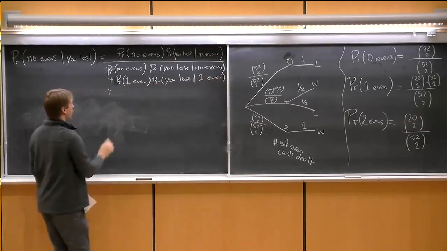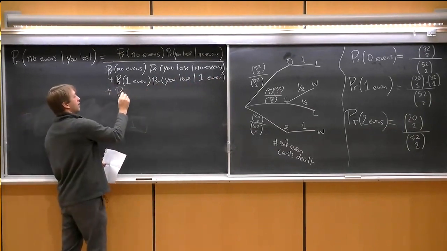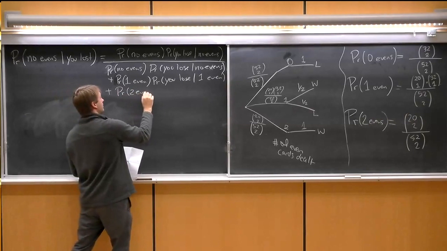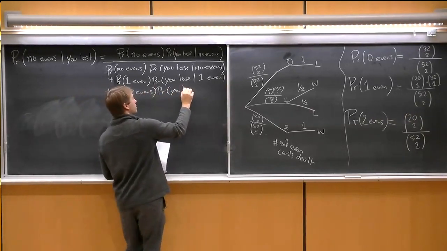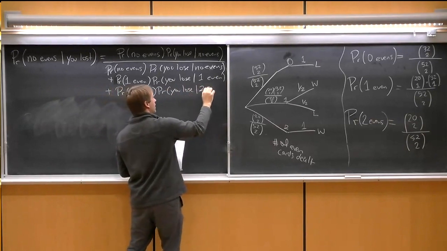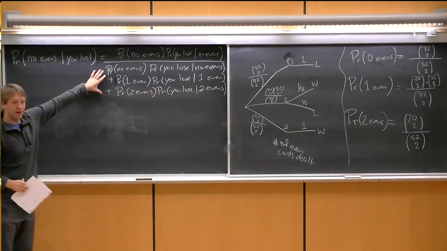So you go through all 3 possibilities here. Probability that there's 2 evens times probability you lose given there's 2 evens. Okay, so this is all on the denominator.